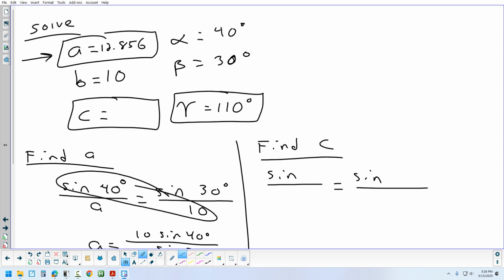Wait, would we instead use 110 since we're looking for C? Well, you definitely have to use the row that has C in it. Or is it better to use the middle row because it has less ugly looking numbers? The middle row has nice numbers and they were given. So we always use a given when looking for one? I would try to use as much given information as you can.